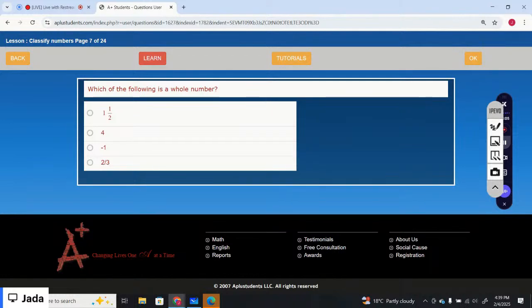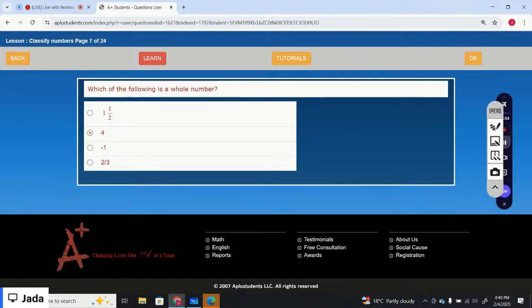Which of the following is a whole number?